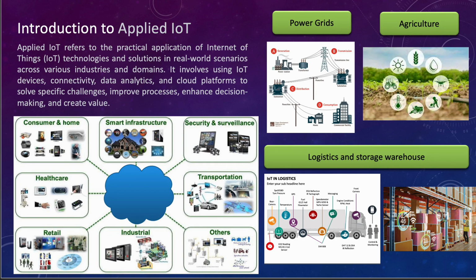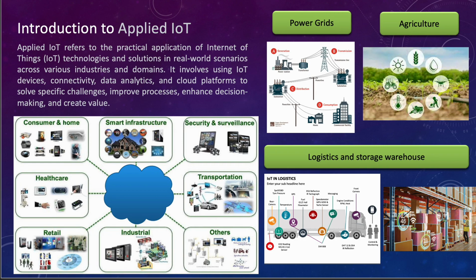It involves using IoT devices, connectivity, data analytics, and cloud platforms to solve specific challenges, improve processes, enhance decision making, and create value. So that is the part that is needed to be highlighted.